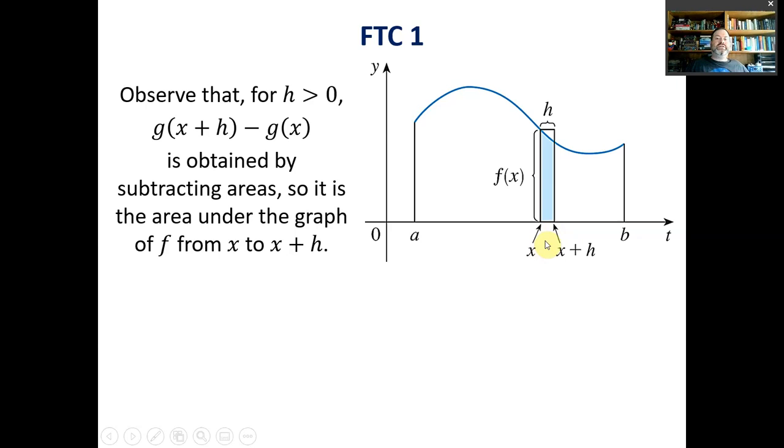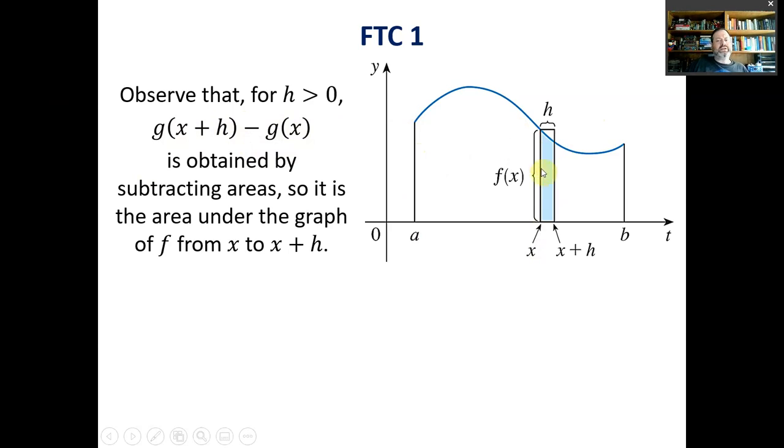So for a positive h, moving to the right, g of x plus h minus g of x is the area from a to x plus h minus the area from a to x, because remember g of x is the area from a to x. So we're taking the area up to this point minus the area up to this point. What's left over is just the difference.